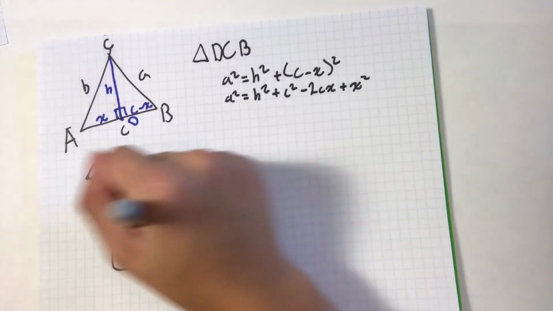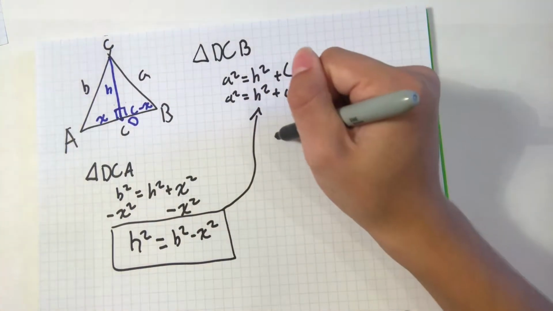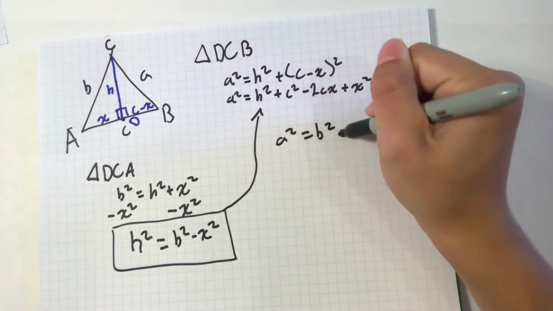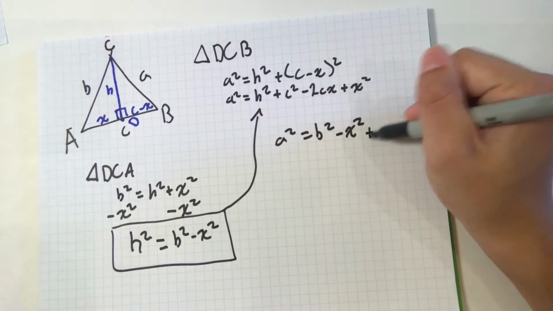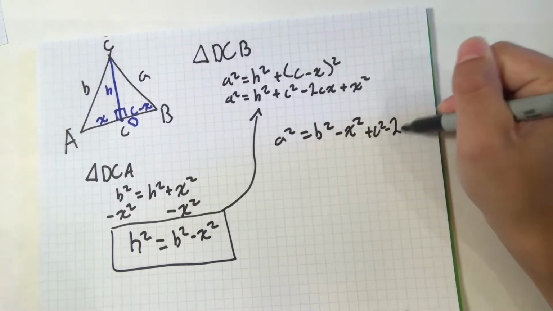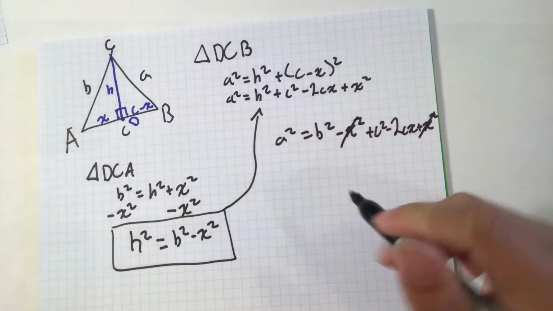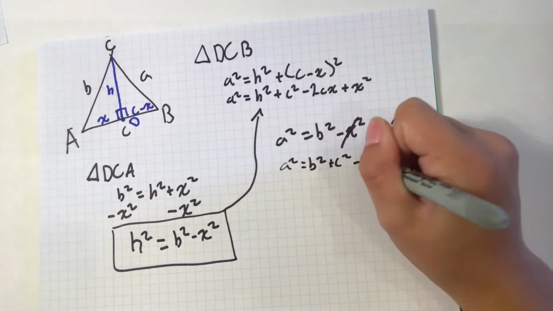So we will solve for h in the second triangle and substitute it into the first triangle, getting rid of h. So now we have h squared equals b squared minus x squared, and we'll substitute that into the first equation, having a squared equals b squared minus x squared plus c squared minus 2cx plus x squared. Simplified and canceling out the x squareds, we have a squared equals b squared plus c squared minus 2cx.